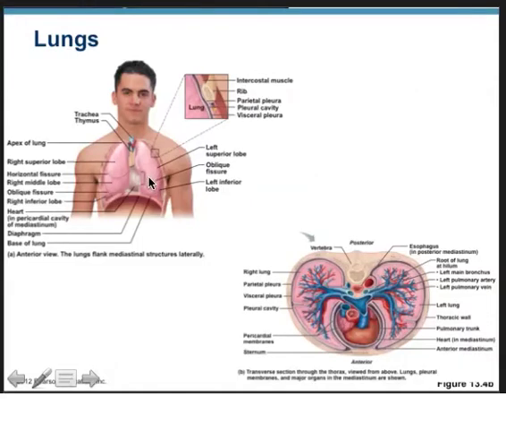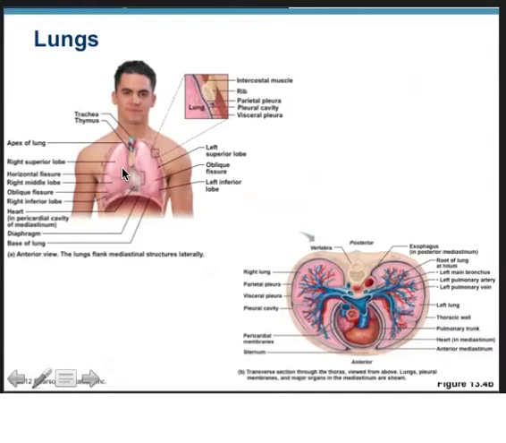Okay, and we'll talk a little bit about the mechanics of breathing in a bit. But remember that these lungs exist inside an air-filled chamber, but the amount of air in that chamber does not change. The volume of the chamber does, however.